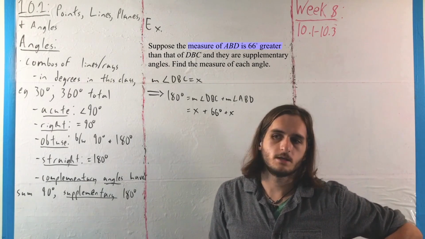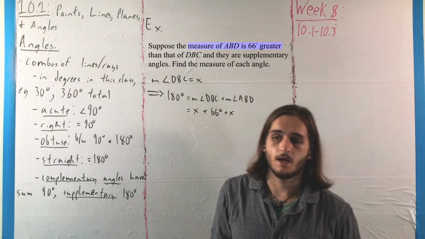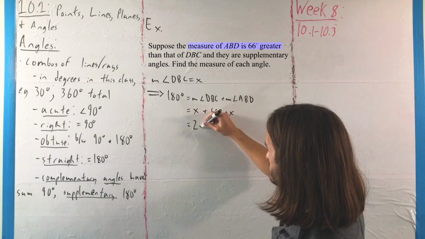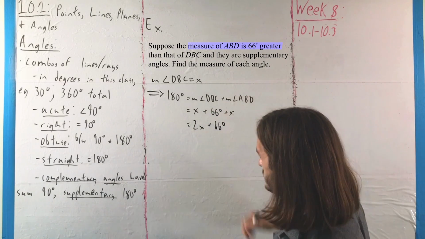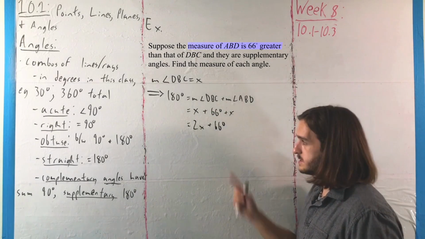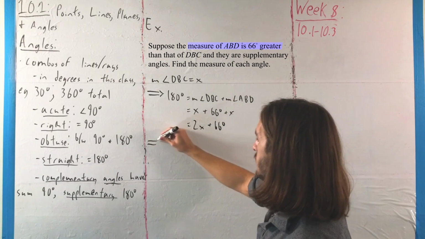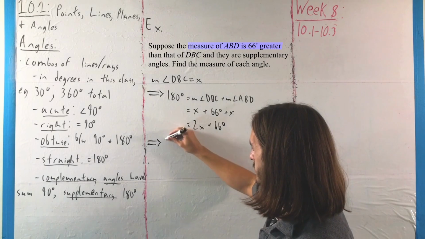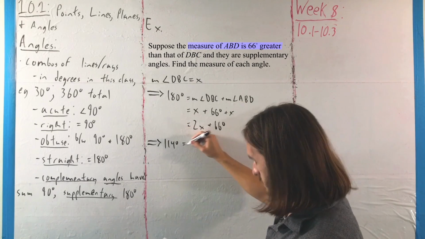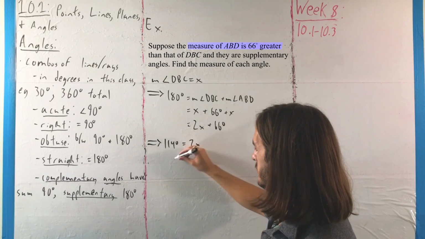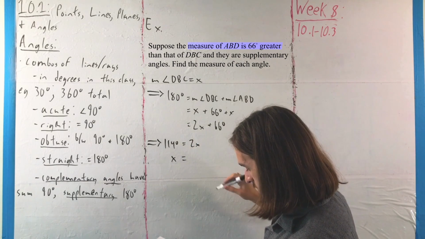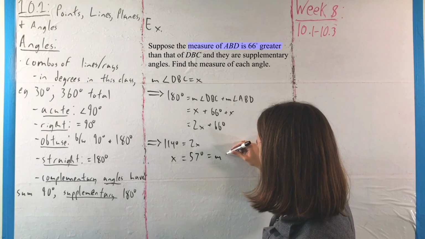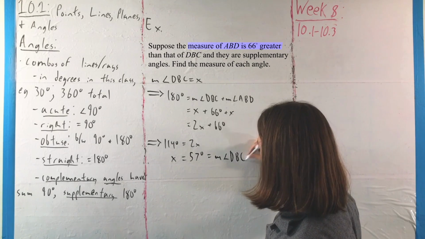It's actually a pretty basic problem of solving a linear equation, that we pull these two x's together, 2x plus 66 degrees, and we got 2x plus 66 degrees. Subtract over the 66 degrees, 180 minus 66 is going to end up being 114 degrees, where this is equal to 2x. Divide by 2, and rearrange to get that x in this case is 57 degrees, or if we prefer, the measure of the angle DBC.